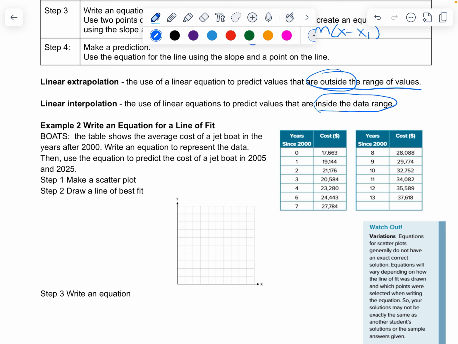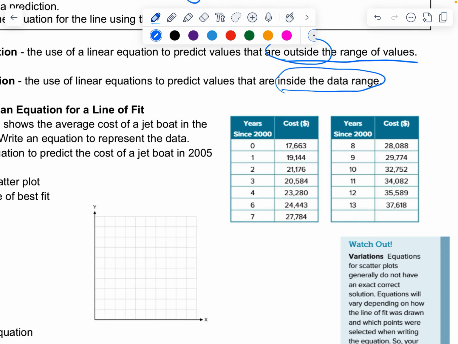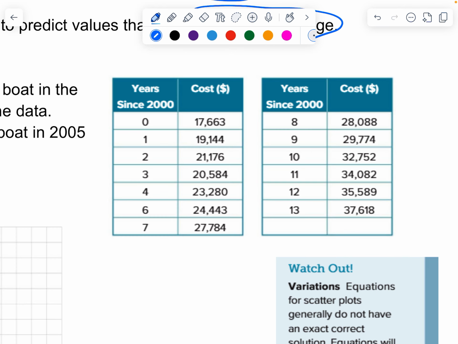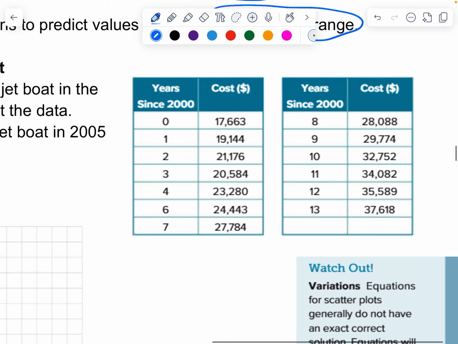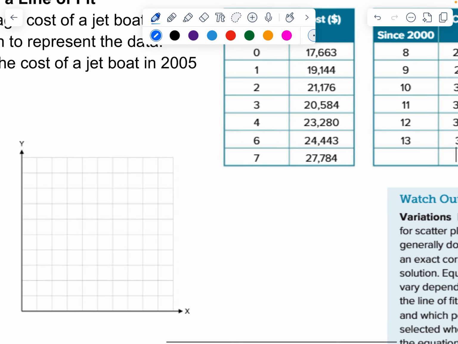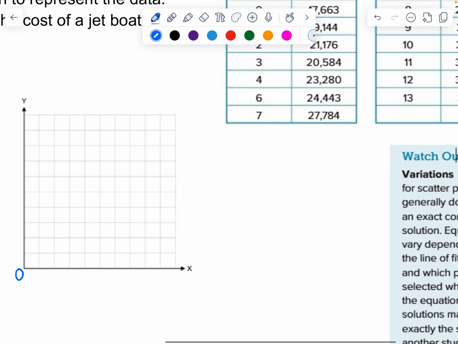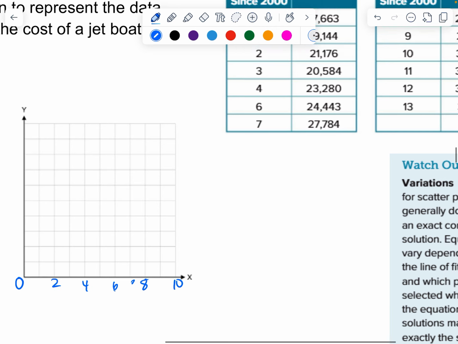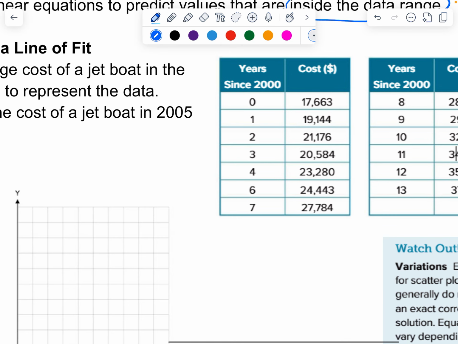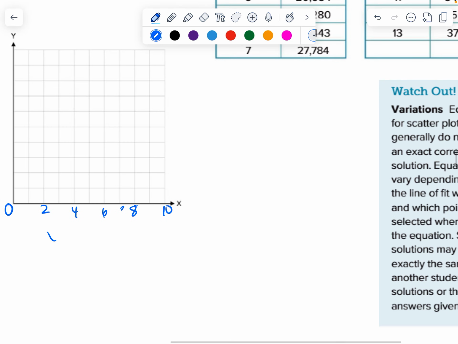So over here we have year 0, that's talking about 2000. On our graph right here, I'm going to go up 0, 2, 4, 6, 8, 10. And we have to label what this is. Our x values are years since 2000.